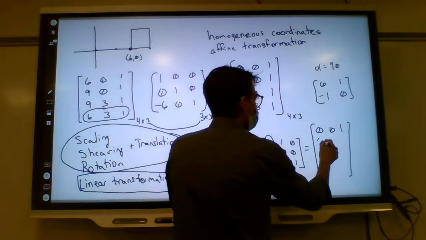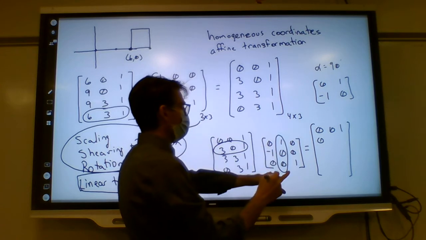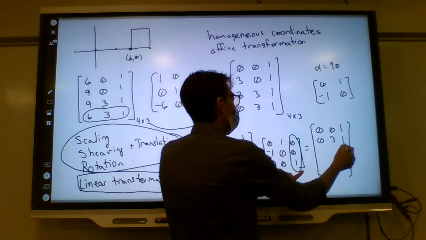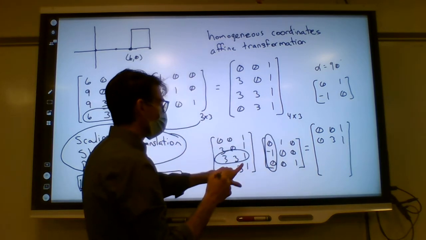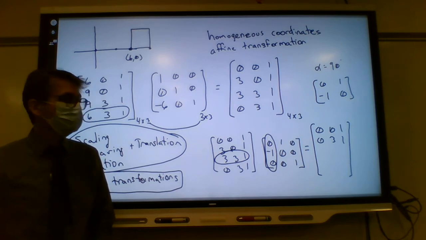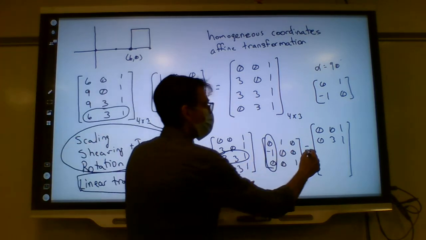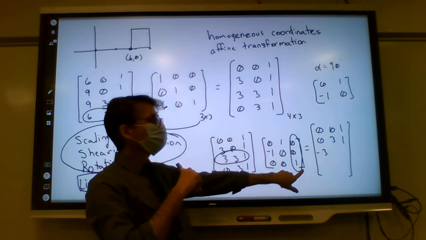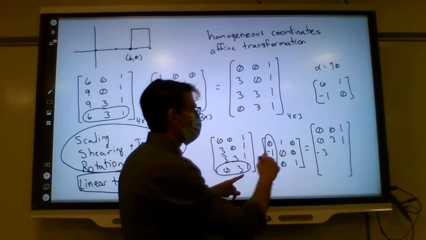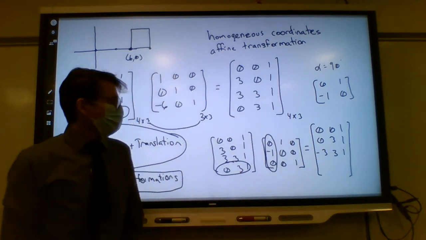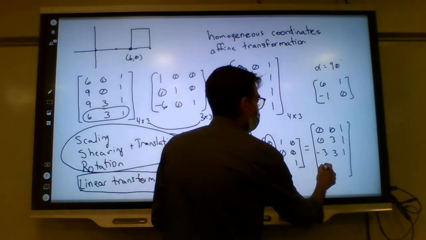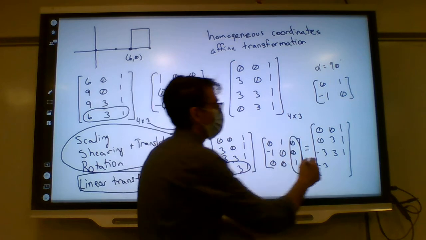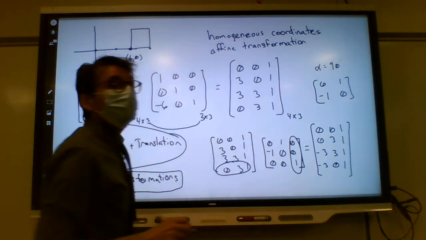That gives us a 0, 3, 1. -3, 3, 1. Zero, 1.